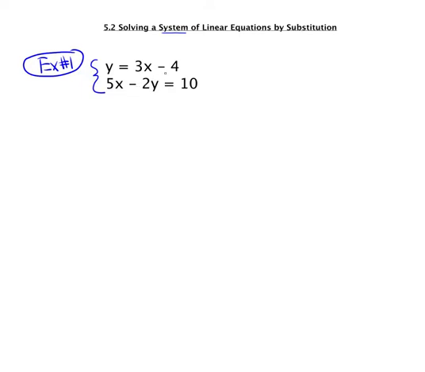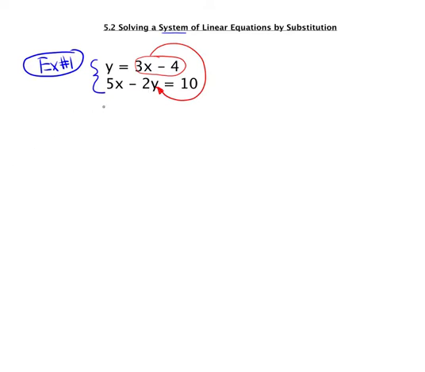And that's what we're going to be doing here, just a little bit more complicated. So if we look at this section right here, 3x minus 4 is the y. So we're going to take that and substitute it in wherever there is a y. So that 3x minus 4 goes in that position for the y.